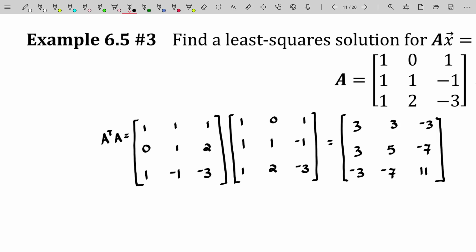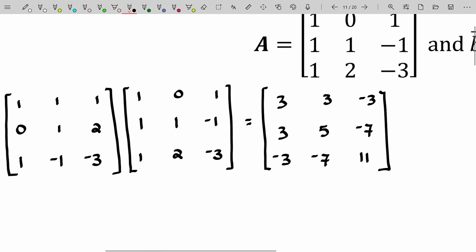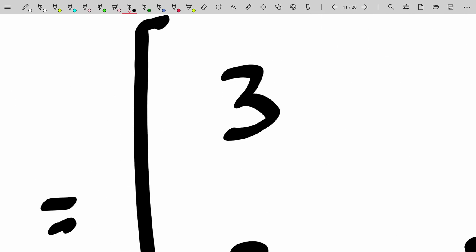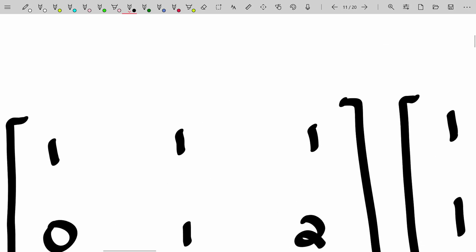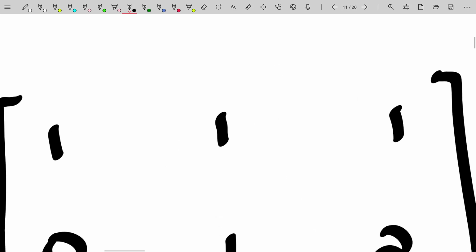Now, something I want to mention before I continue forward, you probably have already noticed this, or maybe we've proven this somewhere in this course. I cannot actually remember, but when you multiply a matrix A transpose times itself, the diagonal is going to be the sum of the squares of the corresponding entries. That is, the diagonal element in row 1, column 1 is row 1 of A transpose dotted with itself.